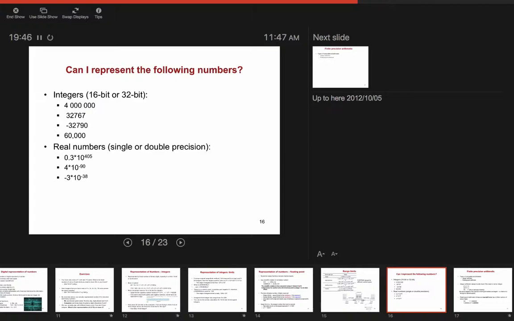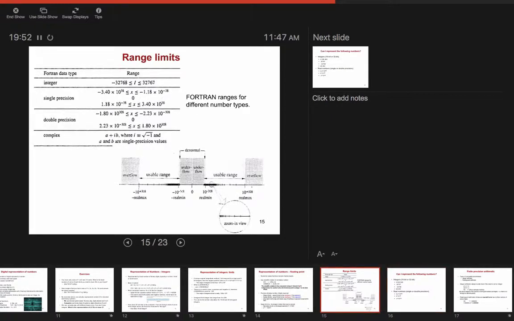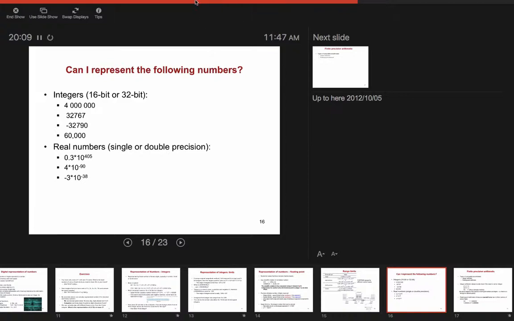Then 32767. Yes, I might need to check that because that's actually precisely the limit for my signed integer. If you go one more with a 16-bit signed integer, you can't do it, but you can if it's unsigned, if it doesn't store the sign. That's precisely what the problem is here, minus 32790.